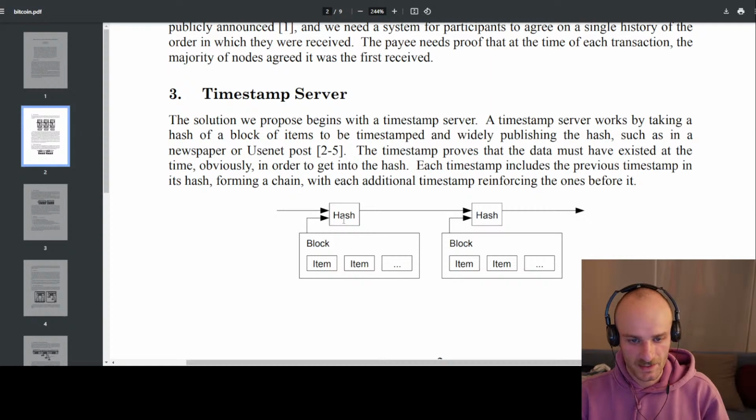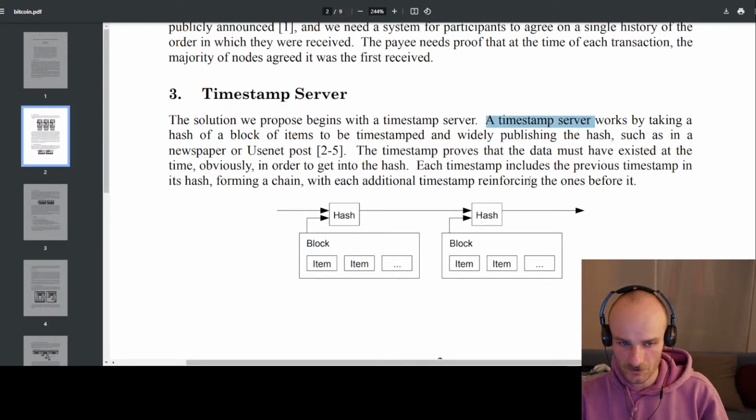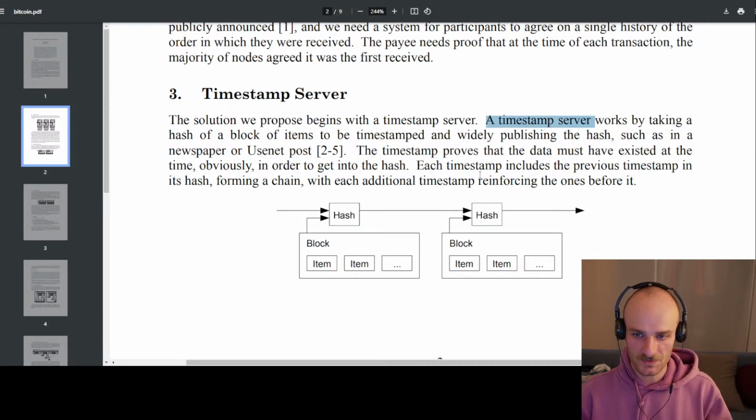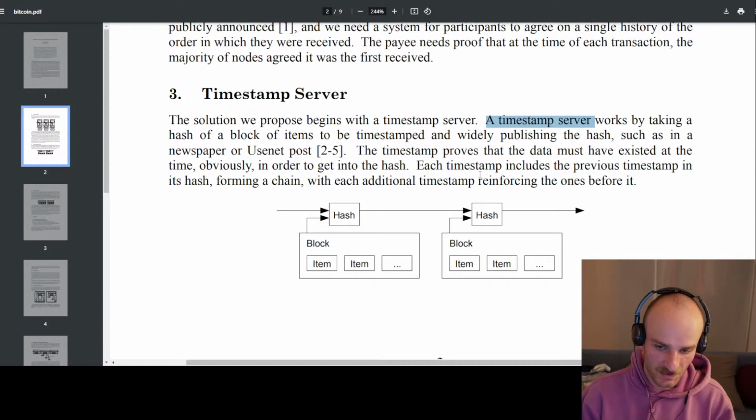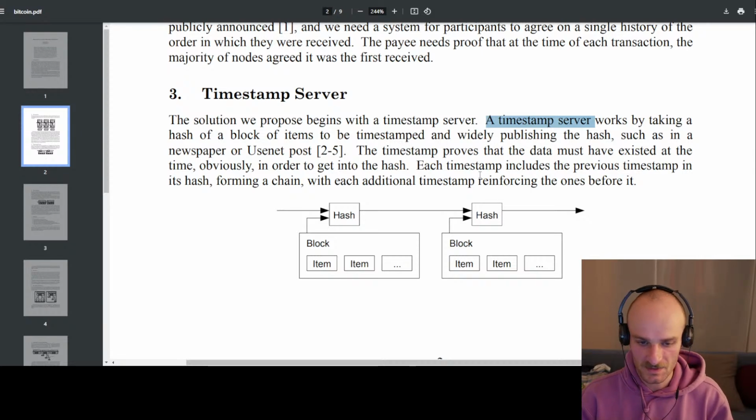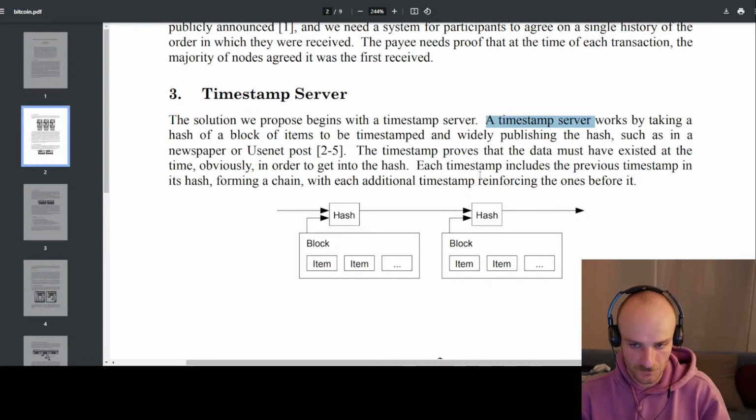Therefore, we just have a timestamp server. In this moment, we are talking about a role. When we say a timestamp server, we are talking about a role. Remember, in this network, the timestamp server is a role executed by, we'll see what type of machines.